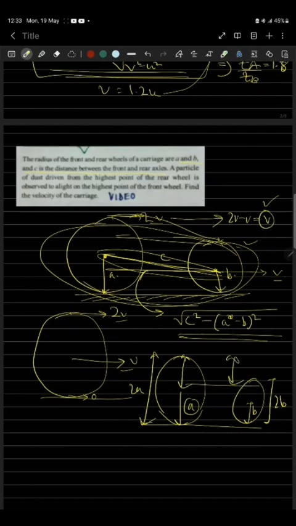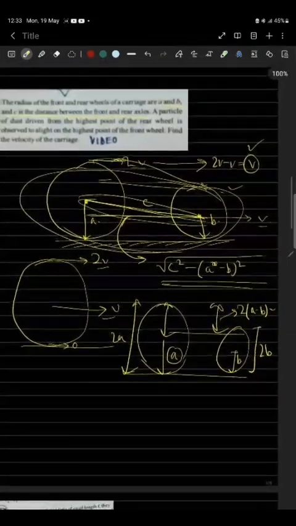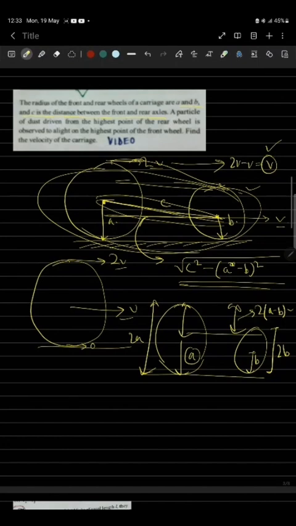So this distance will be given as 2a minus b, right? We can also do the time concept, or we can also solve by the distance concept. Distance traversed over here is c square plus (a minus b) whole square.